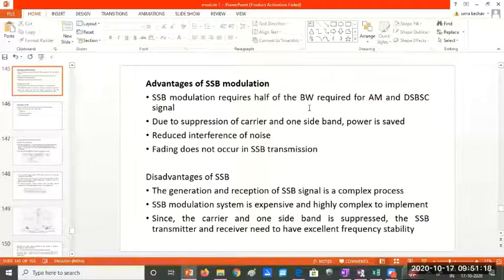The signal will degrade very fast and very often it won't be possible for us to recover the signal properly if the signal is experiencing high levels of fading. So fading is a phenomenon where noise gets multiplied with the signal when it is moving through the channel or at the receiver. Okay. So this type of fading will not happen in SSB-SC.